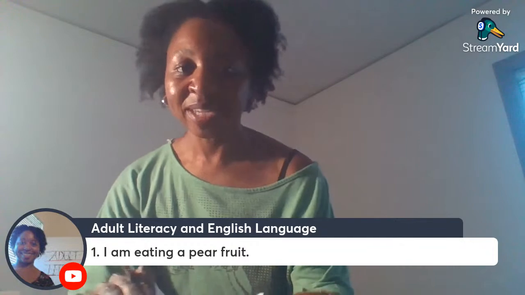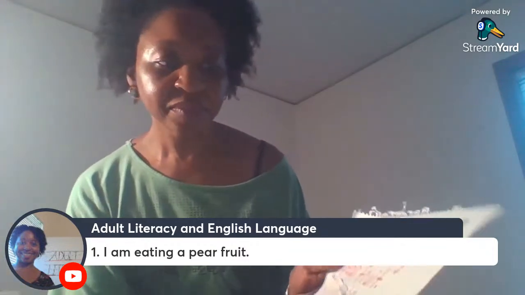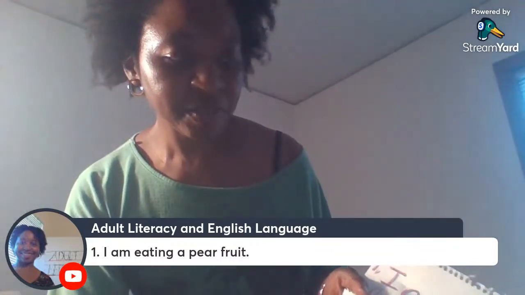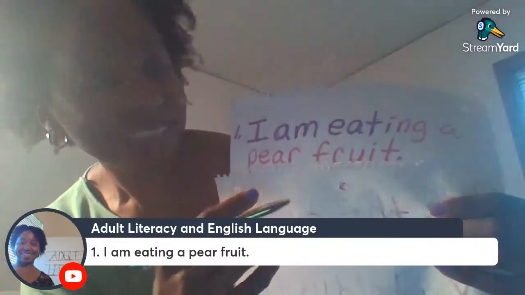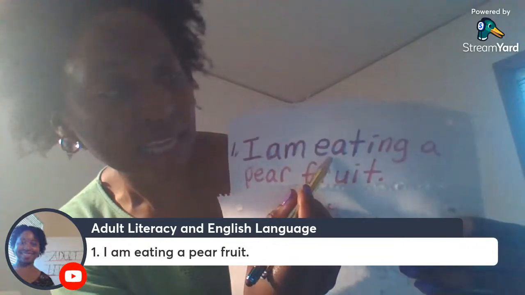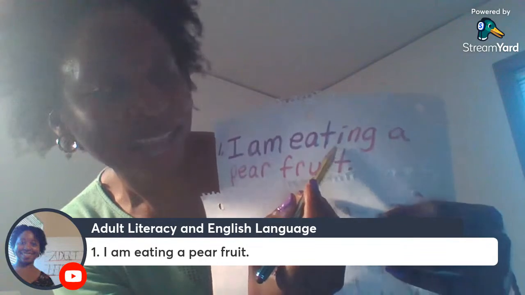Then I'm going to sound this sentence out for you, for those of you who are not familiar with these words and missed the last video. I am eat. Here's the word eat. And ing is always ing.